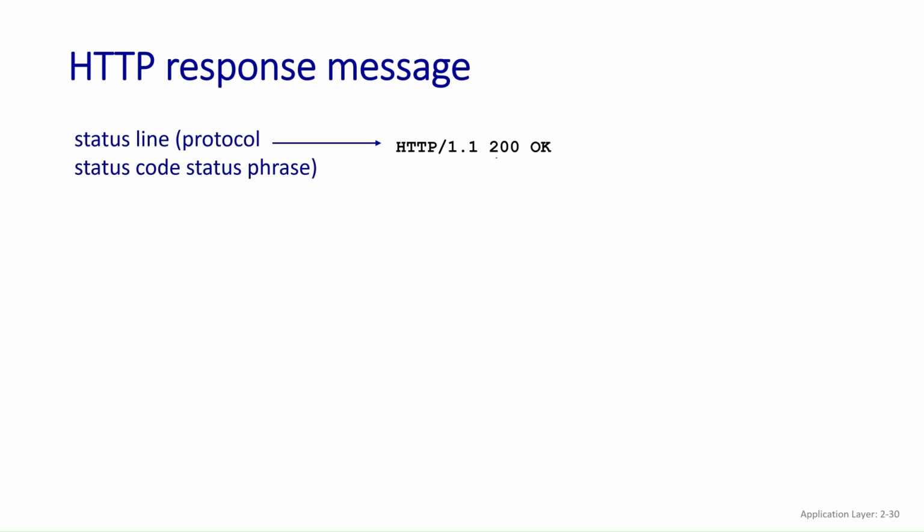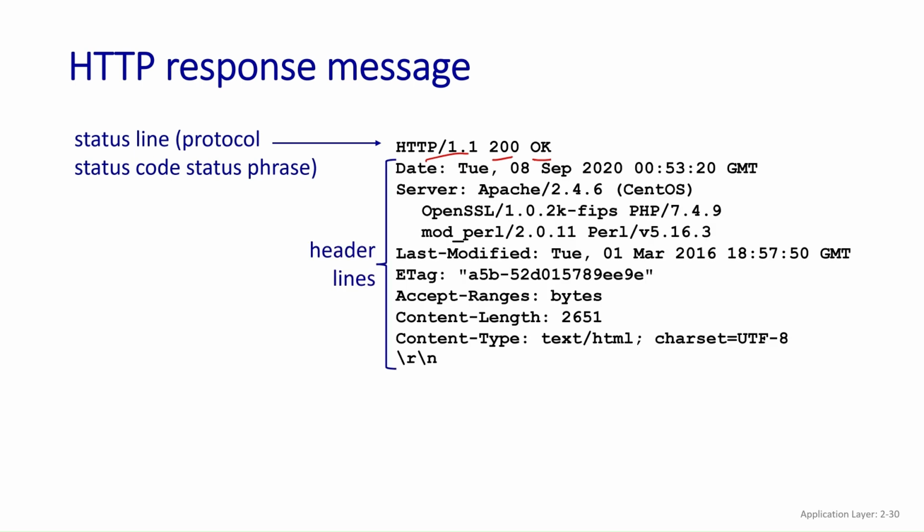There are different types of statuses available, and I'll talk about the range in a minute. So the HTTP variant is HTTP 1.1, the status code is 200, and the status phrase is OK. 200 means that your request has been successfully handled in this response.